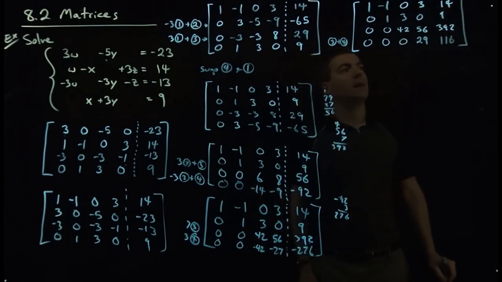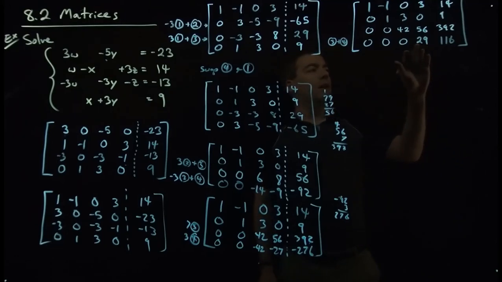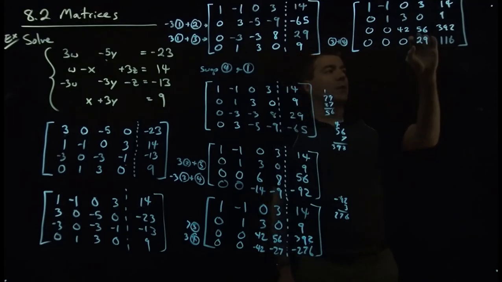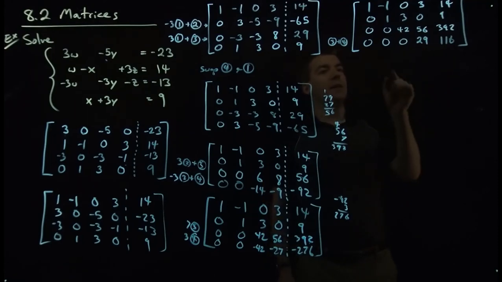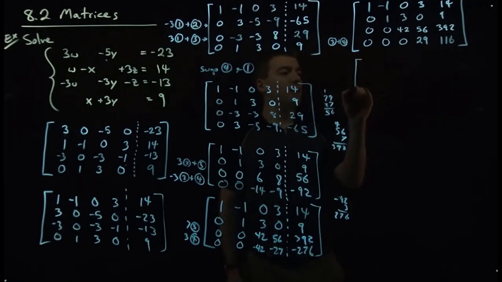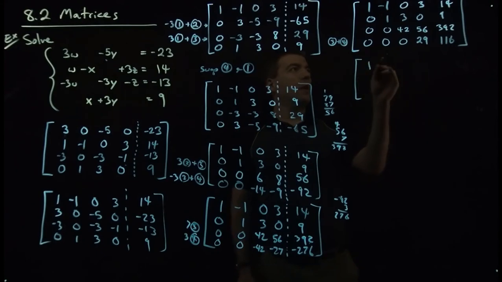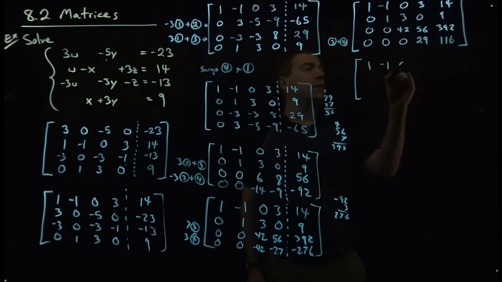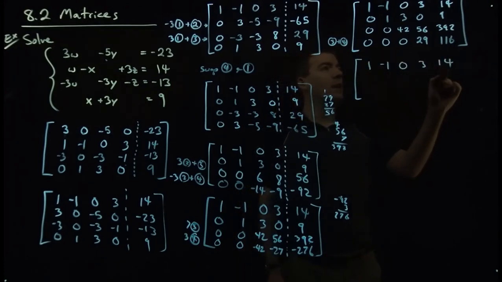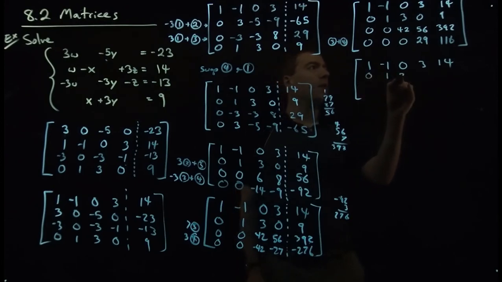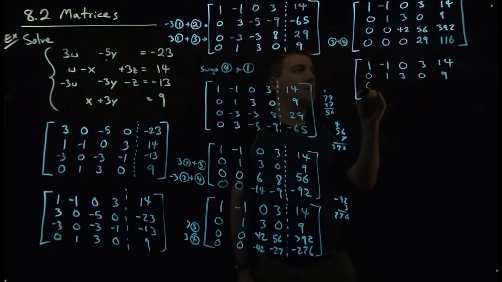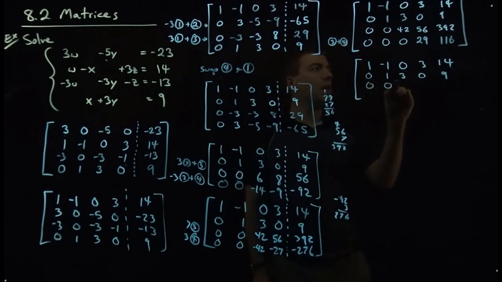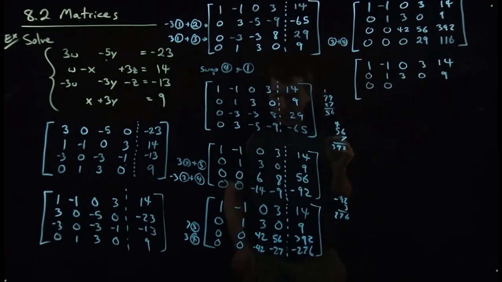All right. Now we can take this last row and divide by 29 to make this a little bit easier to solve from here. So 1, negative 1, 0, 3, 14, 0, 1, 3, 0, 9, 0, 0. Let's see, we can just go ahead and go back to this one.